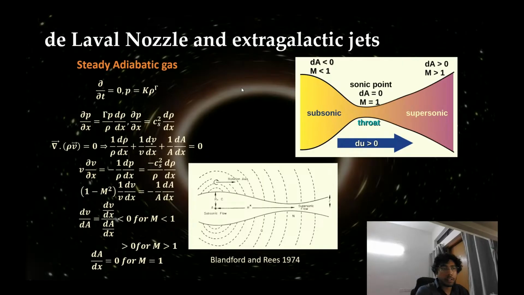Okay. So, but as I was saying, this Blandford and Rees model has been modified, and this same person, Roger Blandford, later published two papers along with Payne and Znajek, and there they proposed that this de Laval nozzle is not sufficient to produce these huge powerful jets into the extragalactic medium.